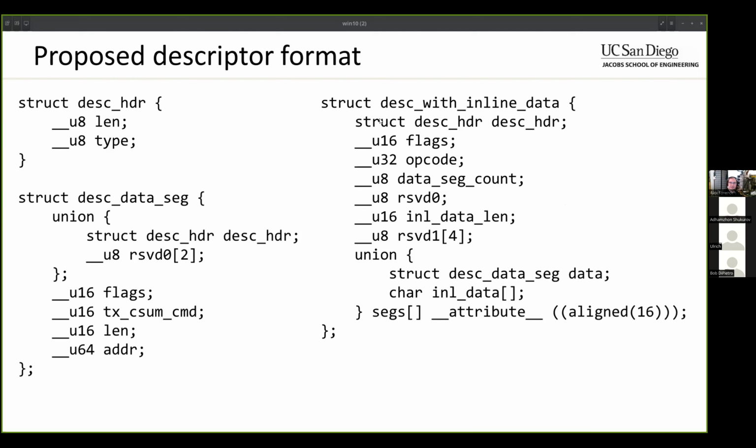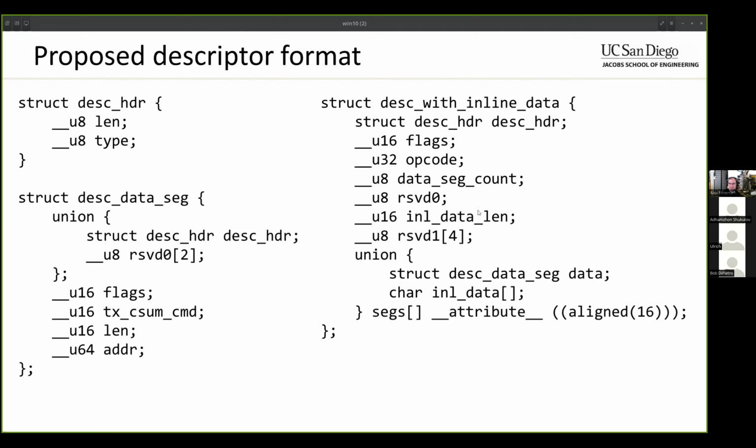The idea here is that the descriptor can contain several data segments, which contain the length and address pairs for blocks of data. And then following those, we can have some inline data, which will be effectively a packet header or maybe an LSO header, or it could be a complete packet sitting inside of the descriptor queue.